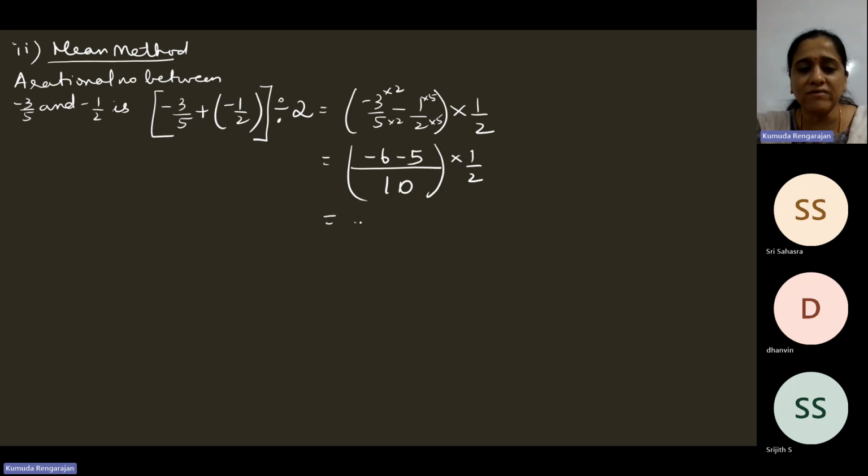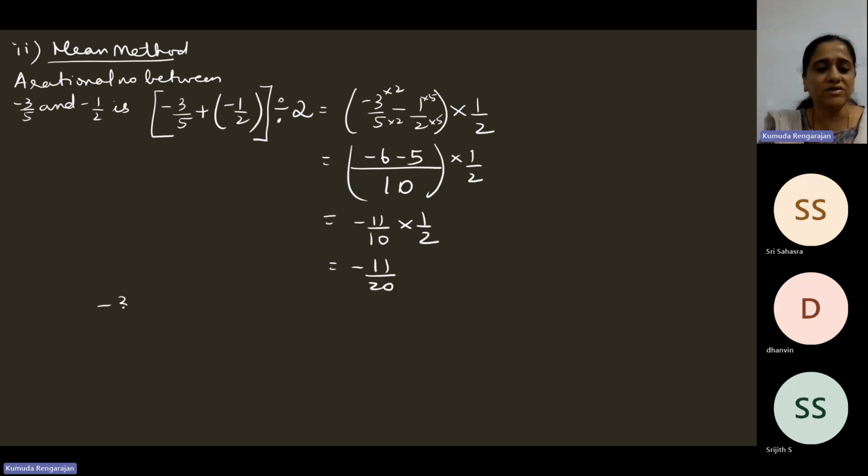So that's minus 11 by 10 into 1 by 2, which is minus 11 by 20. So now we have inserted one number. So now we have minus 3 by 5, minus 11 by 20, and minus 1 by 2.